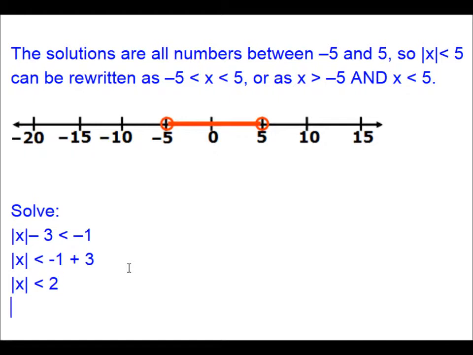And when we want to remove the mod from the x, then what will it be, as we learned here, that mod x less than 2 means x is within 2 units from 0 on both sides of the number line. That means x is greater than minus 2 and x is less than 2, not including minus 2 and 2.